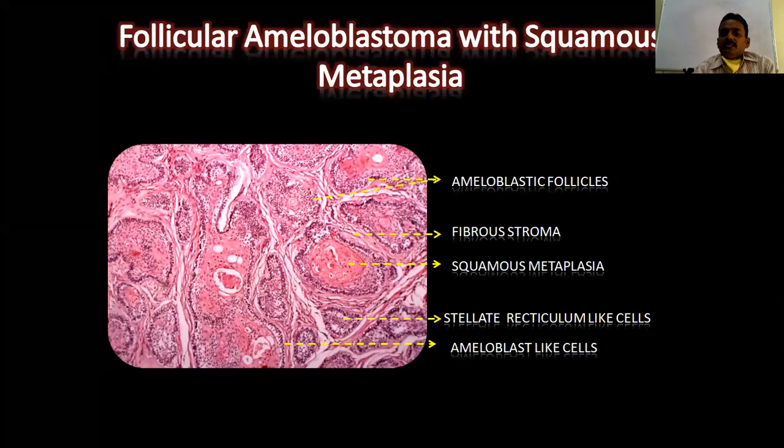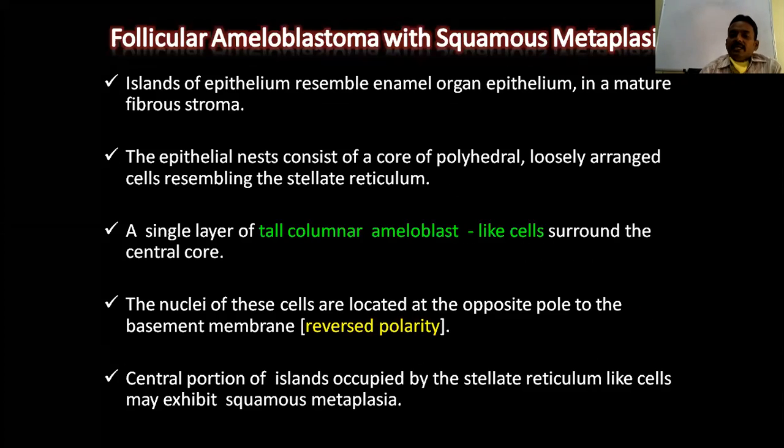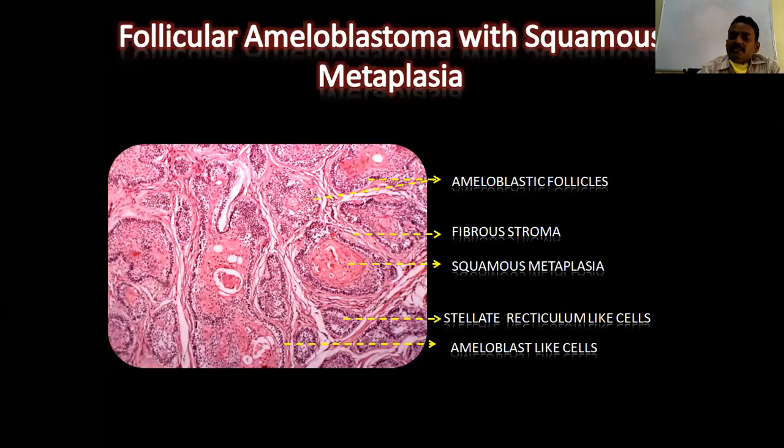You can see the ameloblastic follicles where we can observe the squamous metaplasia in the center and the fibrous stroma. A single layer of tall columnar ameloblast-like cells surround the central core. You can appreciate the tall columnar cells in the center, and it also shows the squamous metaplasia.